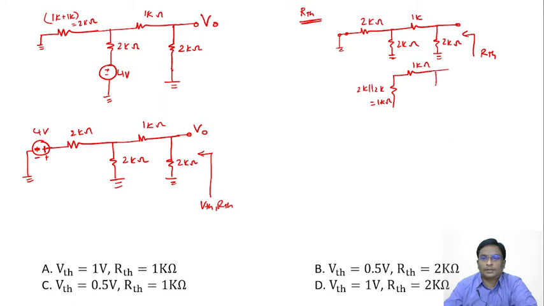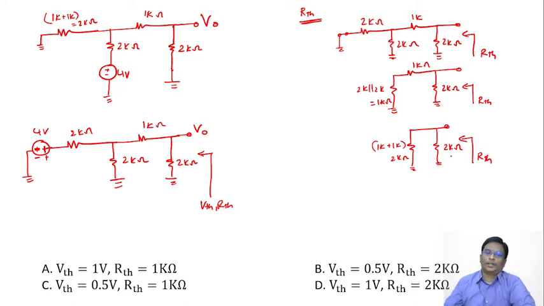It's a 2 kilo ohms, right? And this is RTH. Again, this 1K and 1K in series becomes 2 kilo ohms. This is the RTH we need to find.